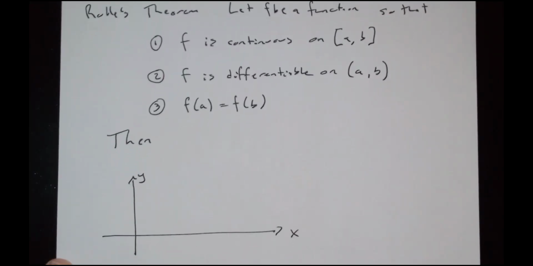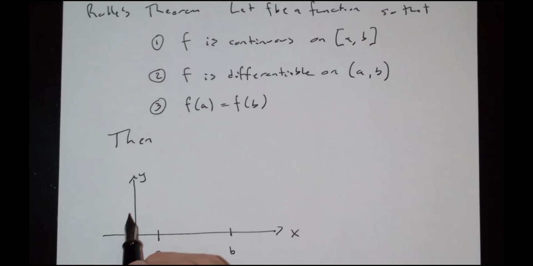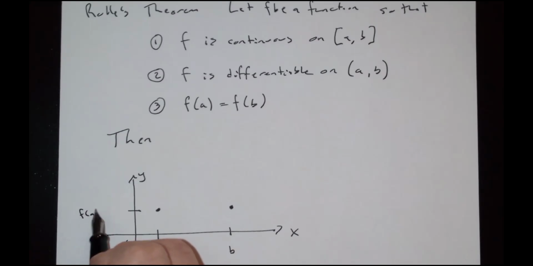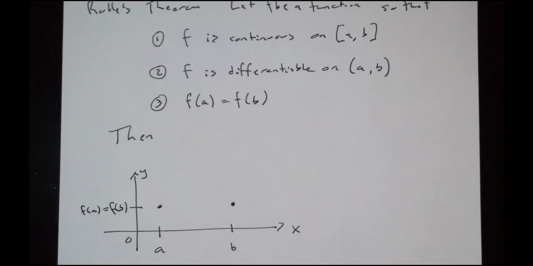Well, I know I need an interval from A to B. So let me start with 2 numbers on the x-axis, A and B. They're going to have the same y value. So whatever this y value is, it's the same there as it is here. And the only thing I know about the graph between these 2 dots is that it is continuous and differentiable.